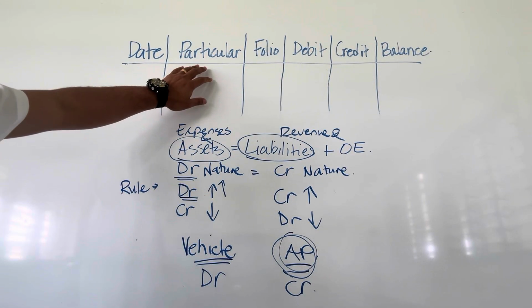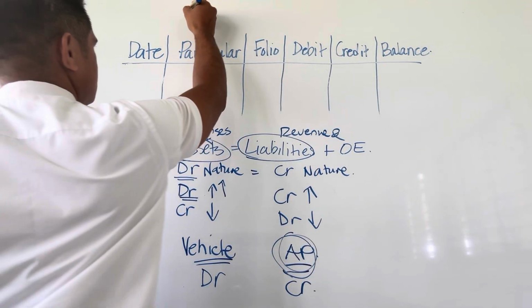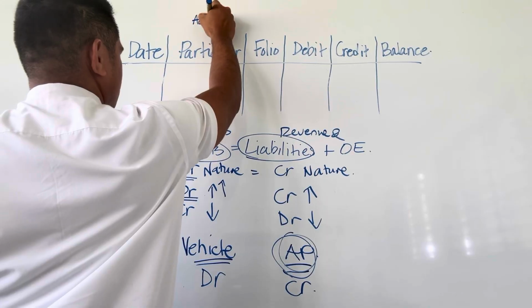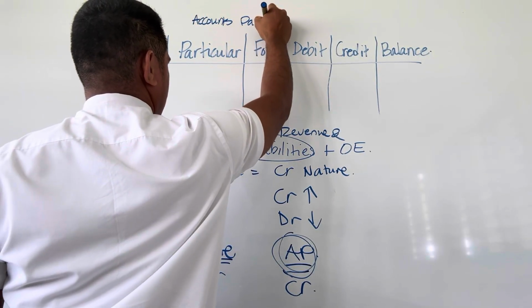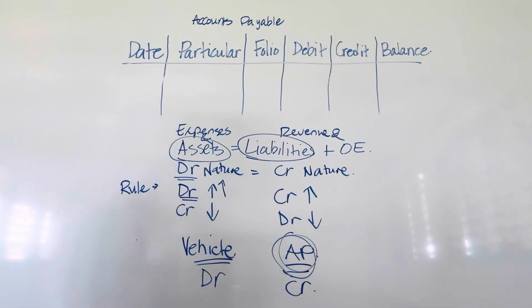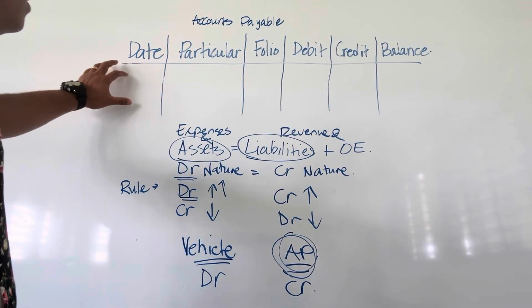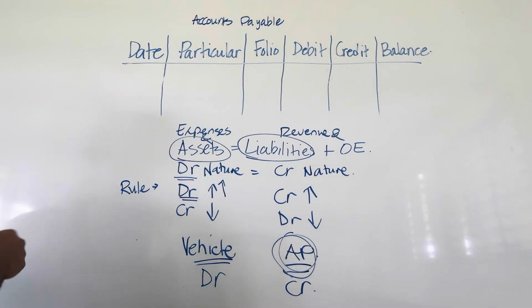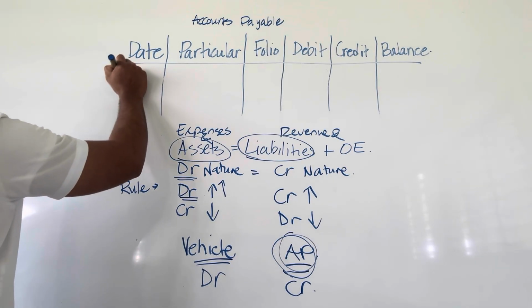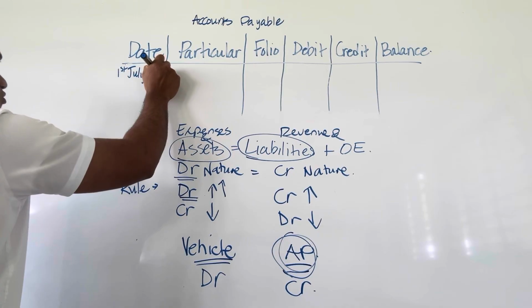Now we need to prepare the ledger for accounts payable. So let's say this is the ledger for accounts payable. This is the 1st of July 2025.